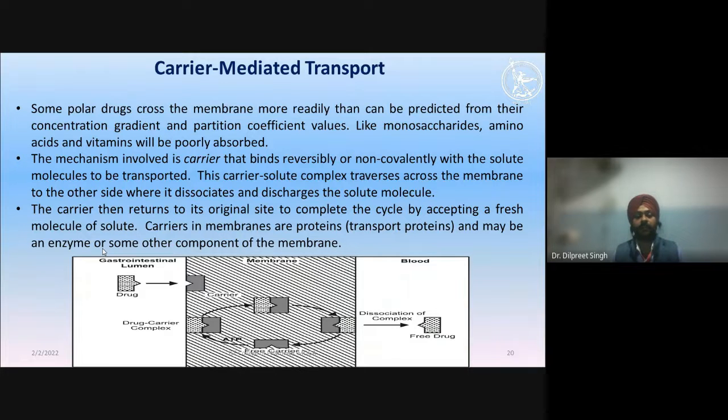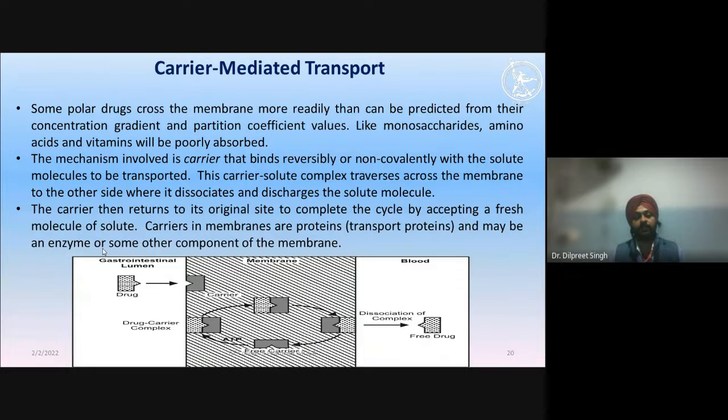This mechanism involves a particular carrier that binds reversibly or non-covalently with the solute molecules to be transported. This carrier solute complex is transferred across the membrane to the other side, where it dissociates and discharges the active solute molecule for absorption.